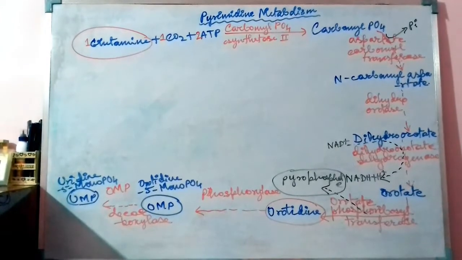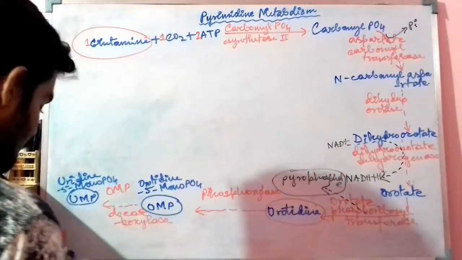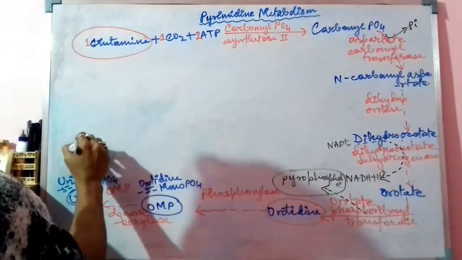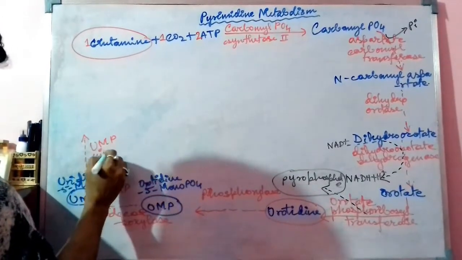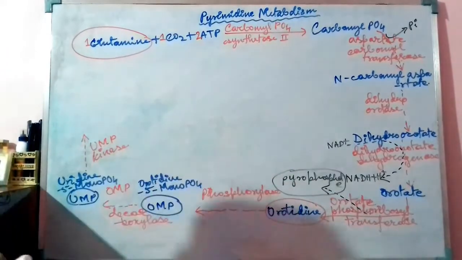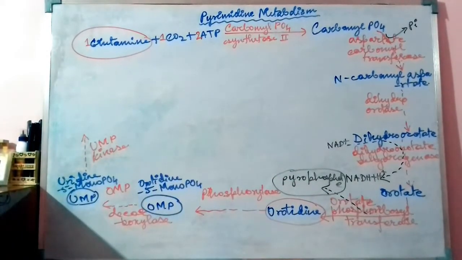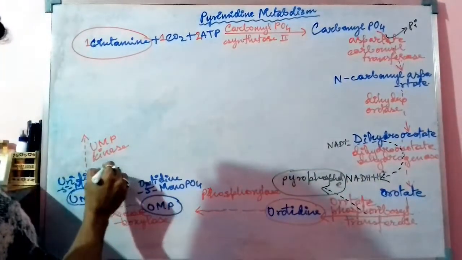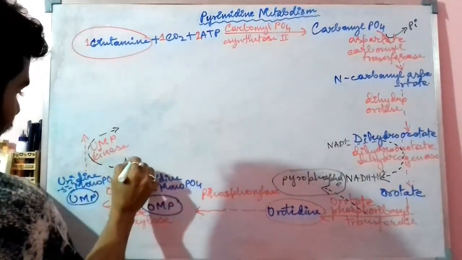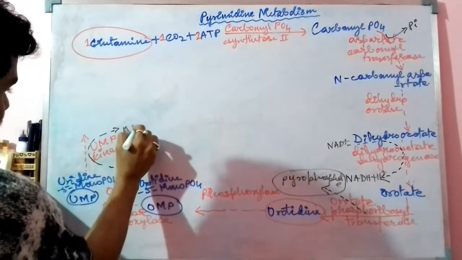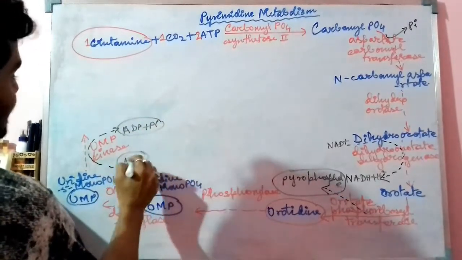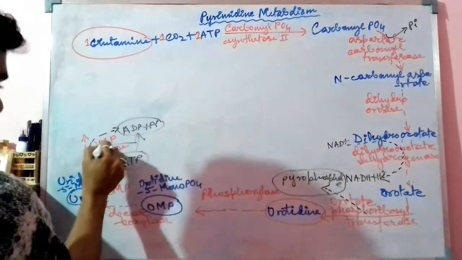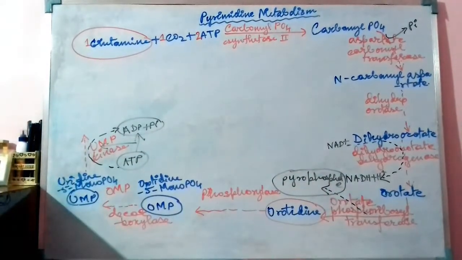Now this uridine 5 monophosphate, in the presence of UMP kinase, uridine 5 monophosphate kinase, along with the help of ATP to ADP conversion, ATP is broken down to ADP plus Pi. This energy is taken by UMP kinase to convert what?